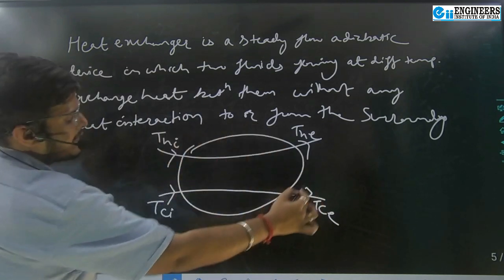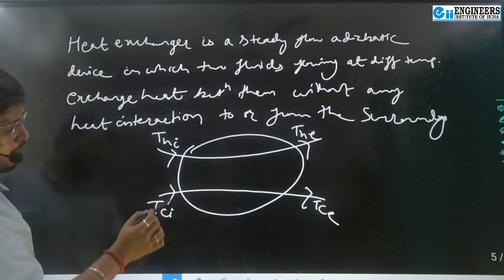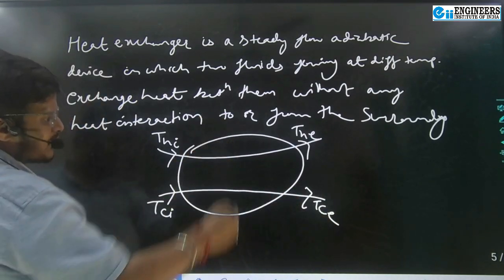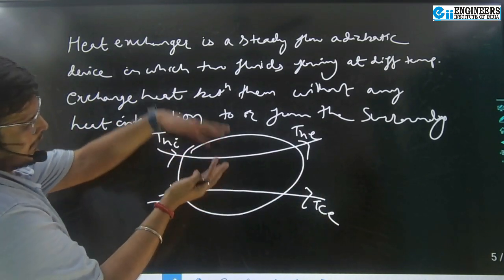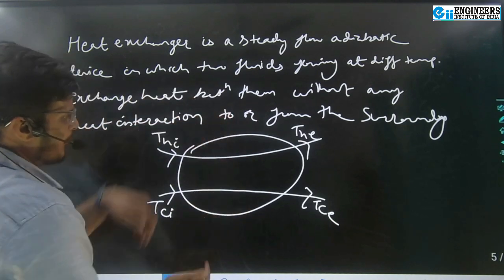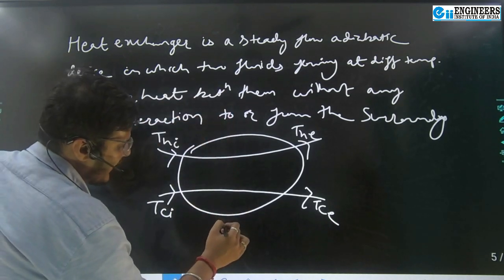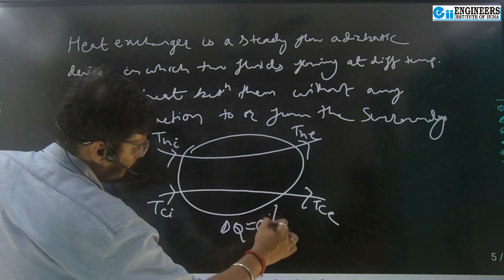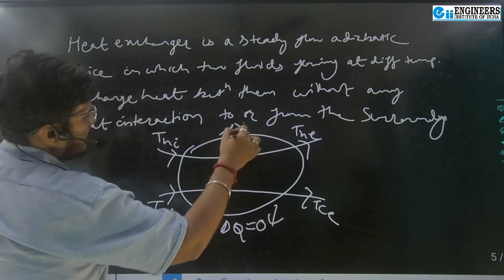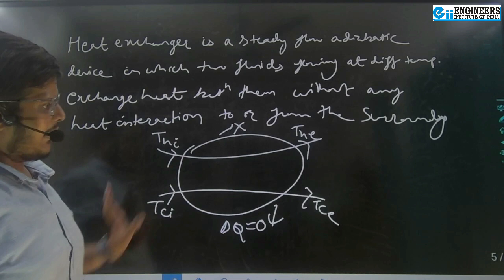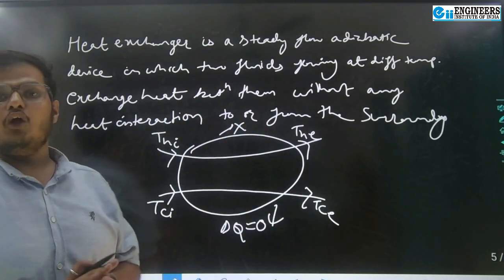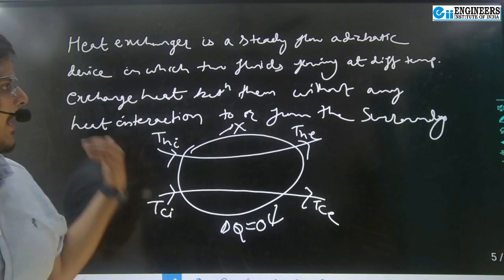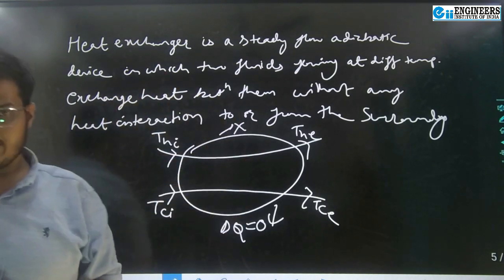Suppose this is a steady flow adiabatic device in which hot fluid and cold fluid are flowing, and these two fluids are exchanging heat between them without causing any heat interaction to the ambient, then such a system is called a heat exchanger. So hope I am clear about what this heat exchanger means.